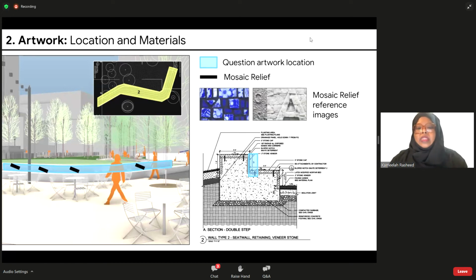And you'll see that the questioning artwork is placed up against the area where someone might sit or place their back. We're using a mosaic relief as this reference image, and we're still thinking through colors and things of that sort. But we know for certain that we are using this undulating area as a place to place language and text and questions that are prompting us around abolitionist histories and futures.